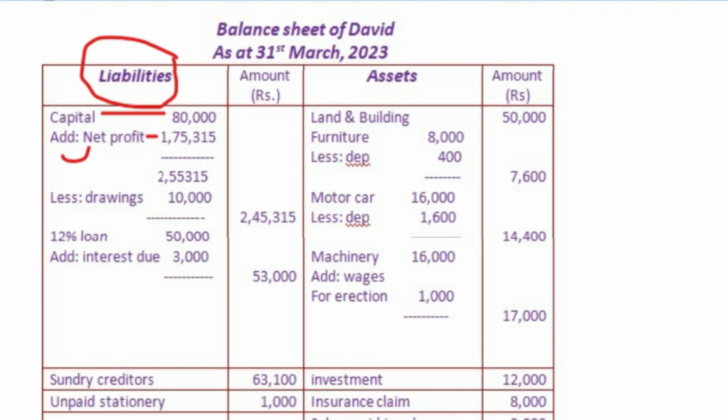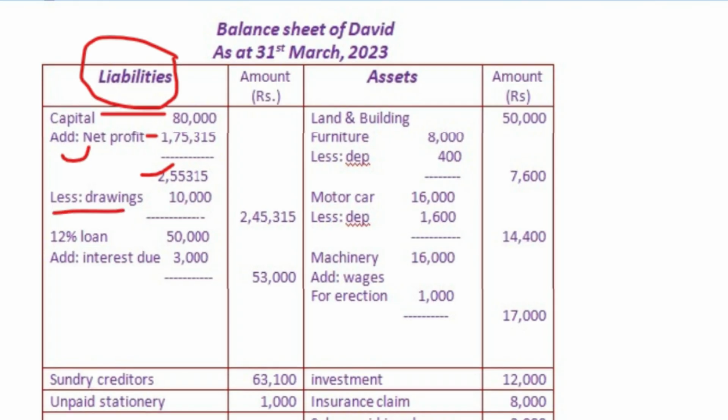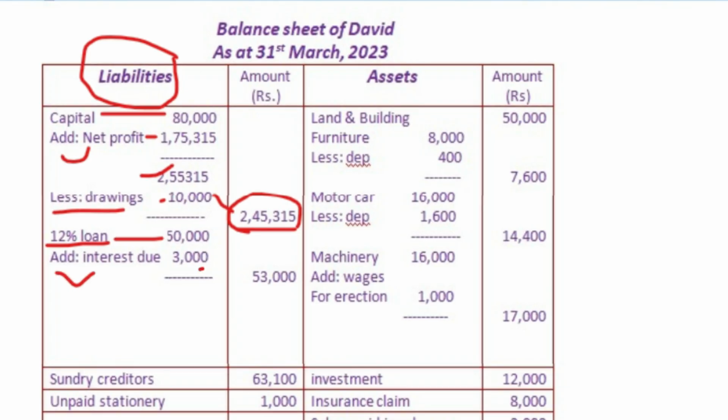Add net profit 1,75,315, and the total is 2,55,315, less drawings 10,000 as given in the question. So the balance is 2,45,315, which is the capital balance. Then the 12% loan amount, total value 50,000 and interest due 3,000, makes 53,000.